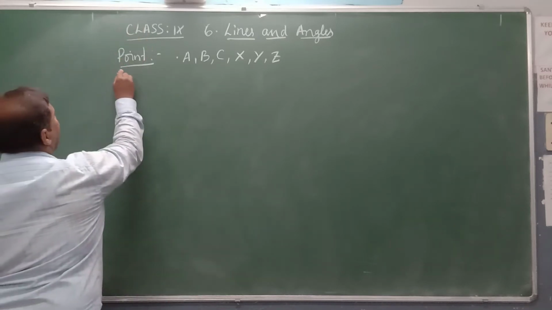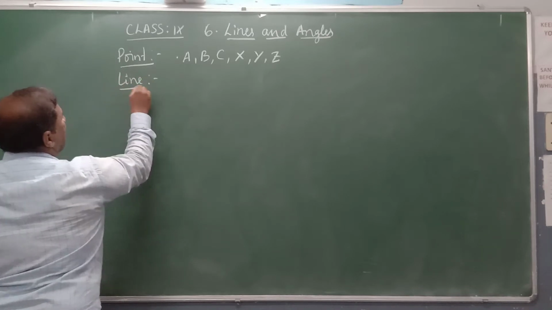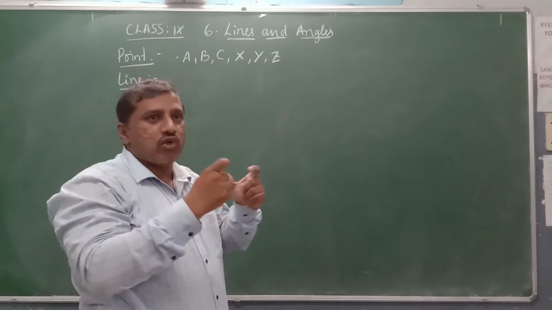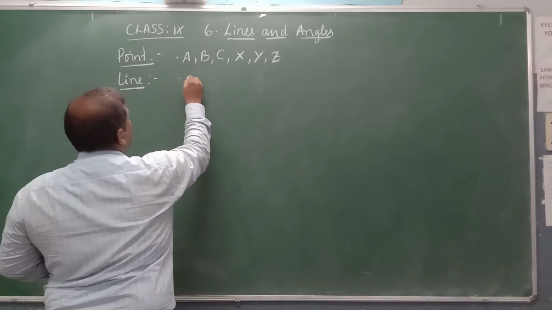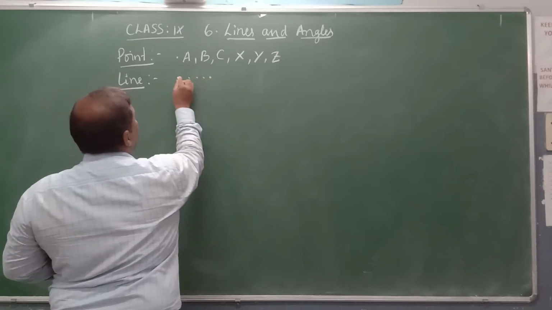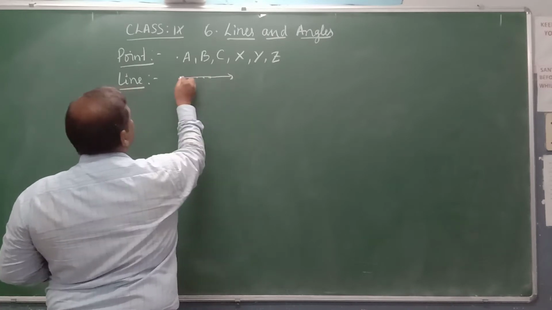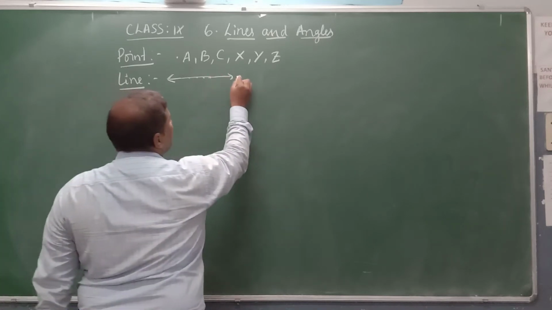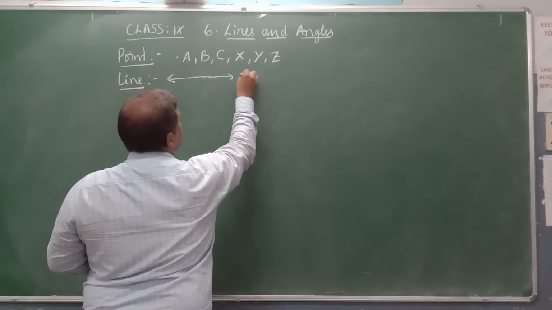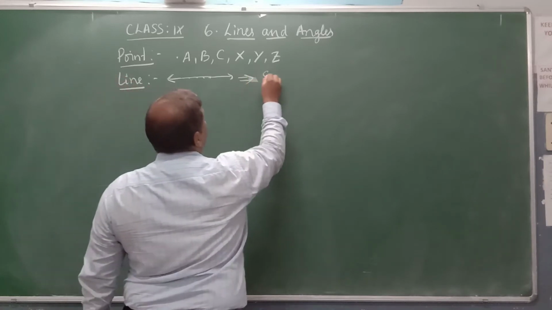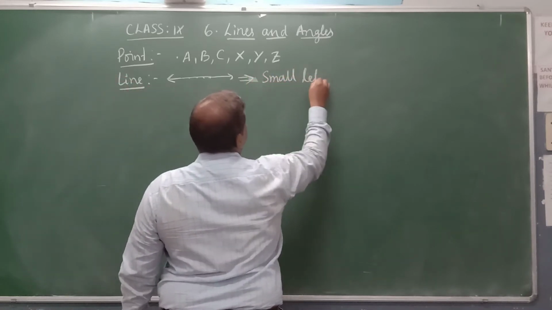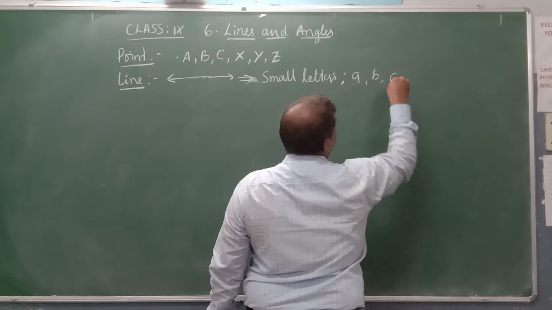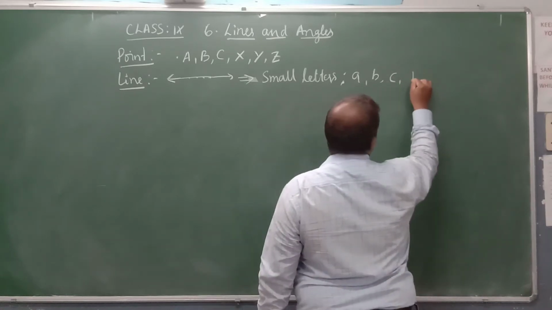Then what? Line. What is a line? A line is a group of points which extends endlessly on both sides. When you join a group of points like this and extend them endlessly on both sides, that geometrical figure is known as a line. Lines are represented with small English letters, like line a, line b, line c, line d, line x, line y, line p, line q.